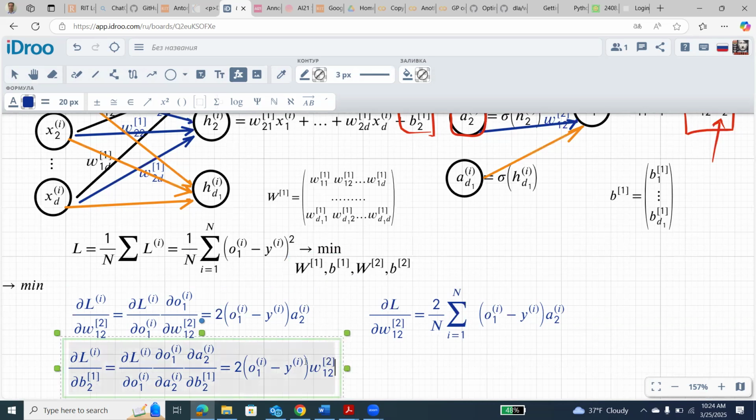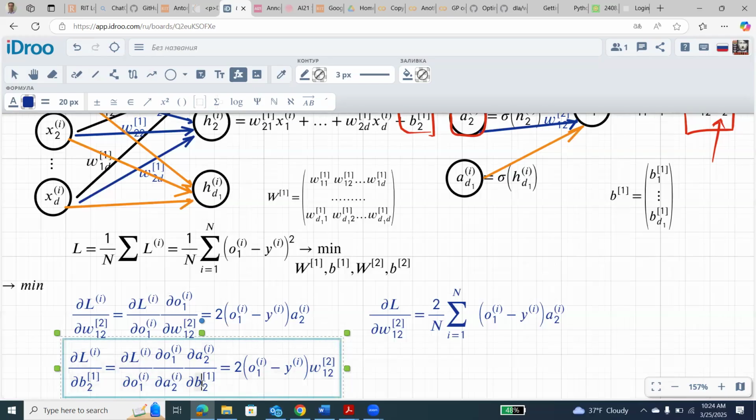And finally, derivative of A with respect to B. A is a sigmoid function, so we should take the derivative of the sigmoid function. Actually, there is one more step missing.